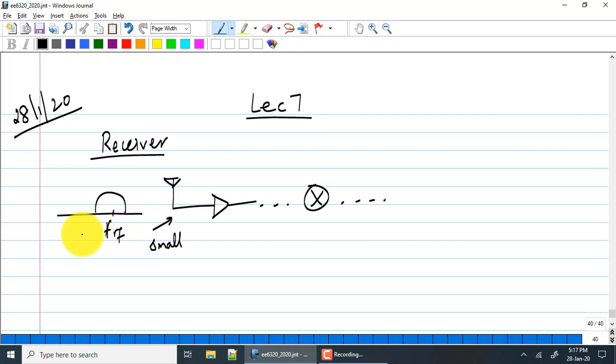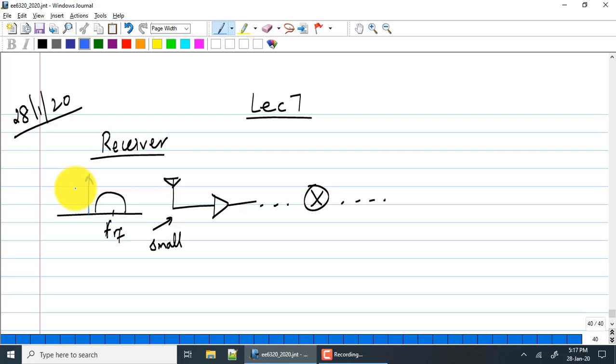Very often right next to it you may see some other undesired signal. For example, imagine you are operating your phone or laptop next to a microwave oven, while running the microwave oven to heat something, right? So the microwave oven is putting out power, and there will be some leakage power.